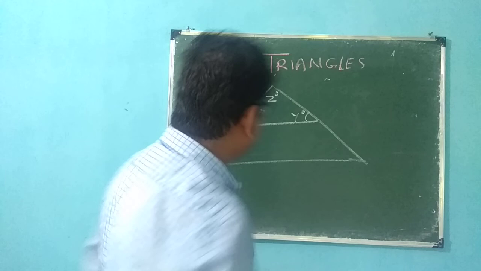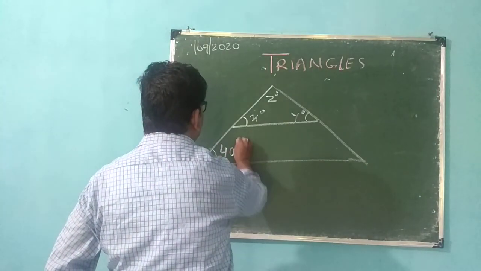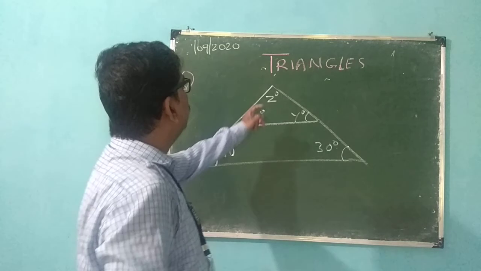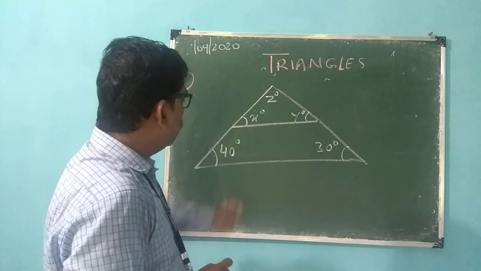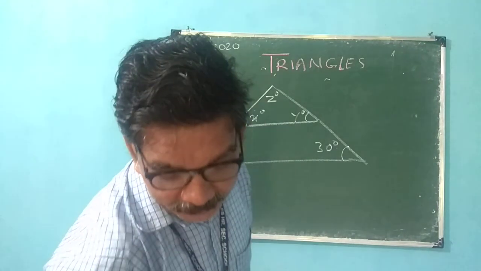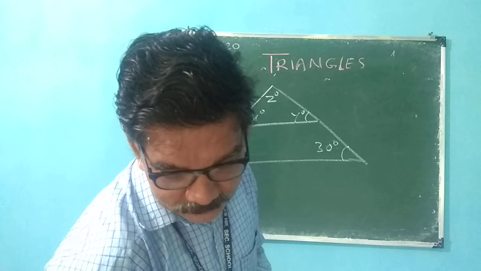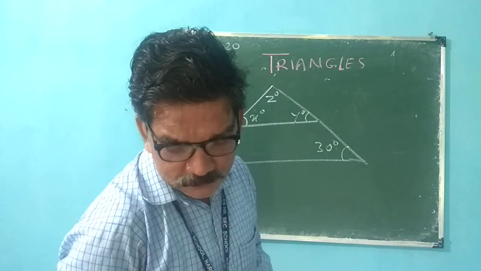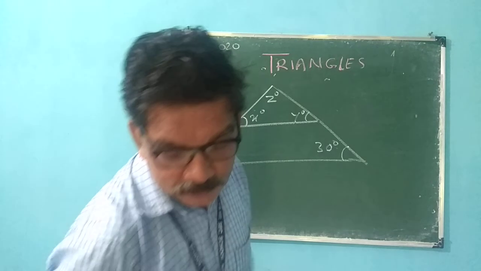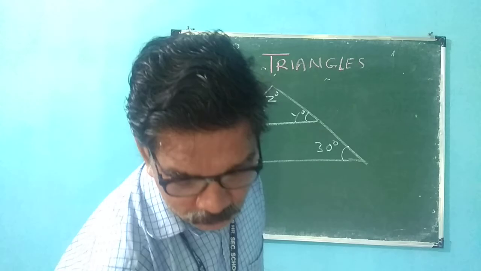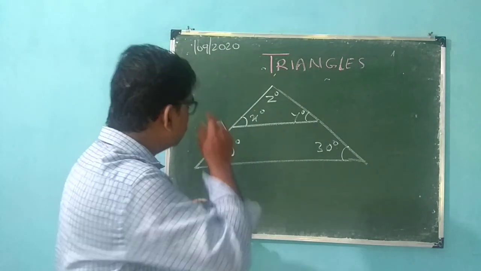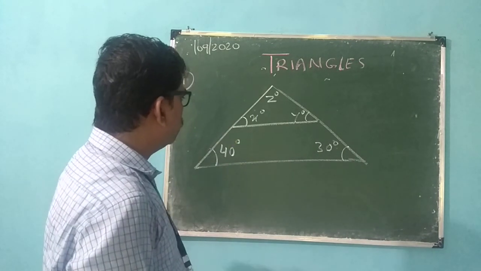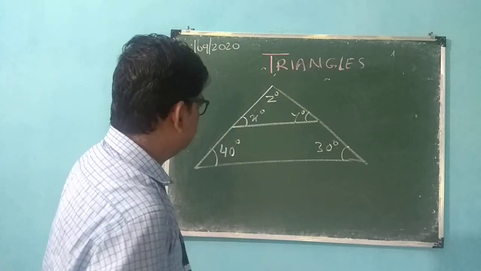After that you have 40 degree and 30 degree. Now you are supposed to find out the value of x, y, z. It is given that this is a triangle where the base angles are 40 degree, 30 degree.